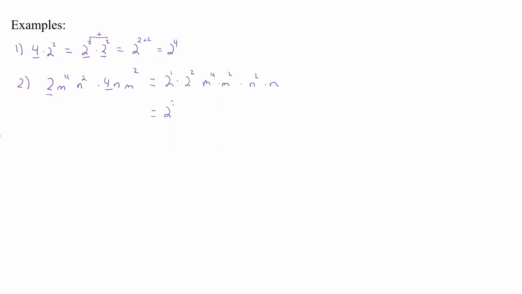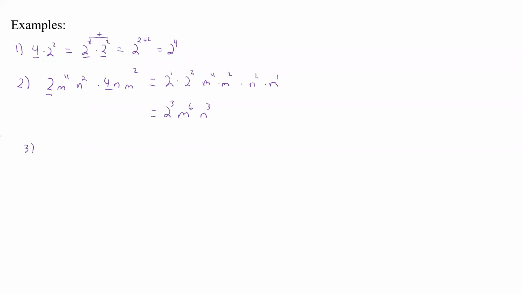For m, we have 4 plus 2 is 6, and for n, 2, and when we don't have anything there, that's just assumed to be a 1, so that's going to be 3. Okay, so this long thing becomes 2 cubed m to the 6th n cubed. Now the key thing is we've made all of the exponents positive. There are no negatives here. We've only got one of each base, and so we followed all the rules we need to get those simplified.